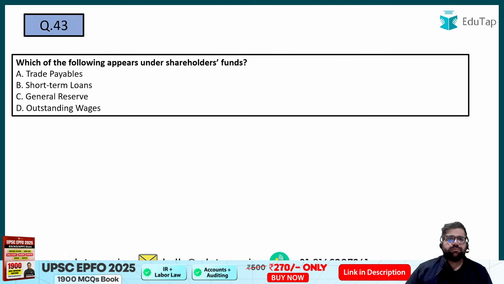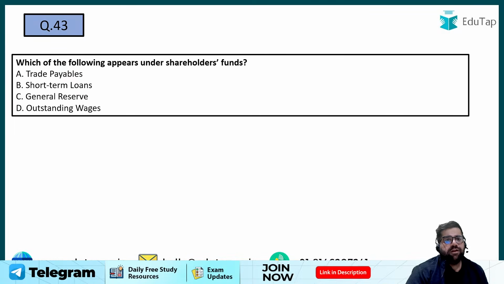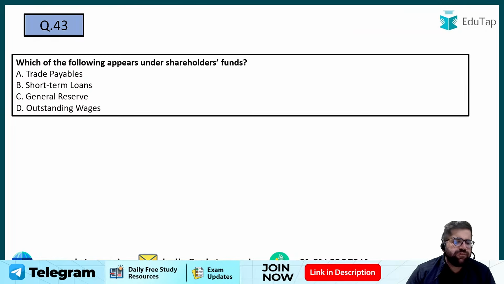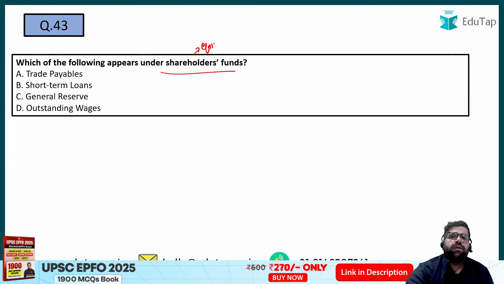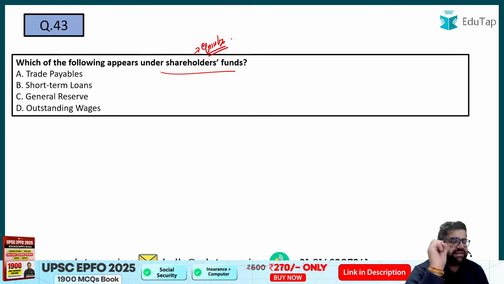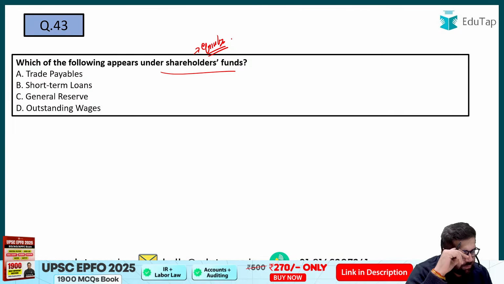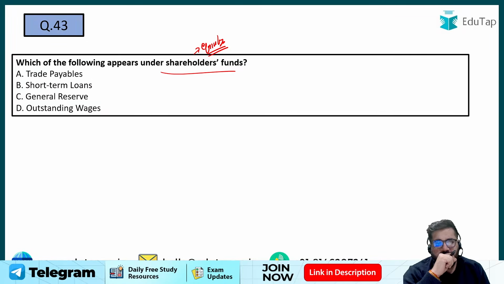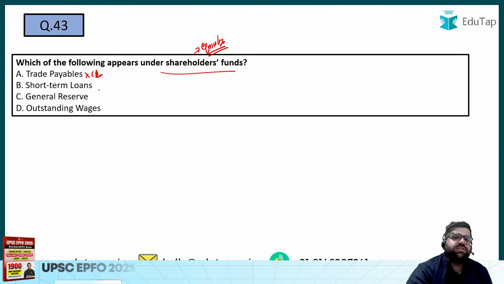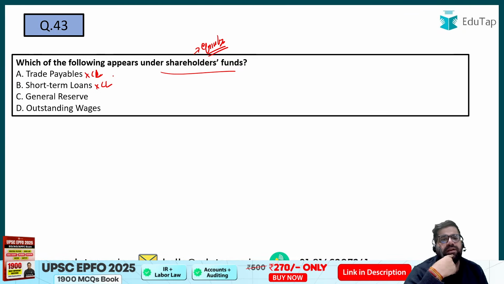Right? Question number 43. Which of the following will appear under shareholder fund? Shareholder fund is basically the equity side. What all will come on the equity side? Trade payables should not come because trade payable is a current liability for you. Short term loans is again not included, it's a current liability.